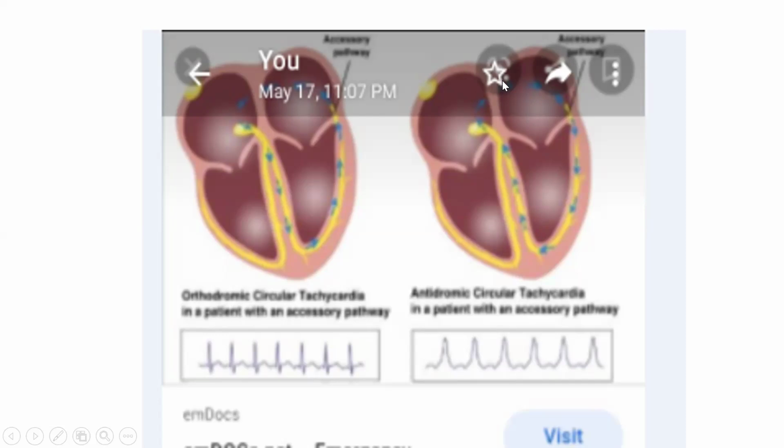Because you're going to conduct through the accessory pathway to the myocyte, that gives us the abnormal activation of the ventricle, which generates the delta waves, which is the pre-excitation we have in AVRT, as compared to the concealed type that uses the normal conducting fibers to depolarize the ventricle, which subsequently gives you a narrow QRS complex.